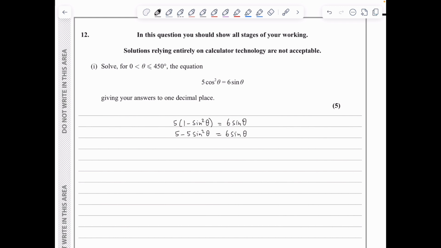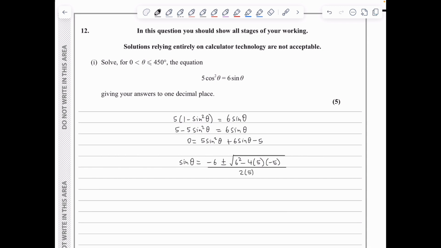And I'll be collecting everything on the right hand side to get 0 is equal to 5 sine squared theta plus 6 sine theta minus 5. I will proceed with the quadratic formula. So we're looking at sine theta is minus 6 plus minus the square root of 6 squared minus 4 times 5 times negative 5, and everything divided by 2 times 5.